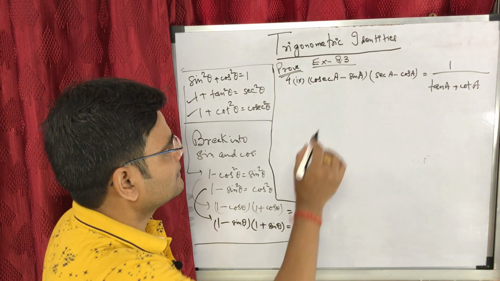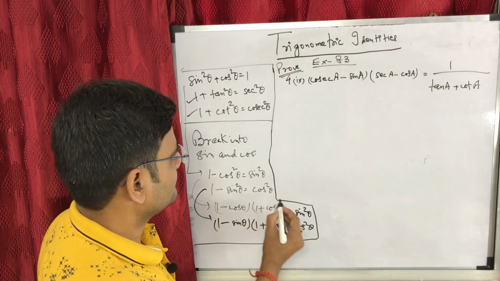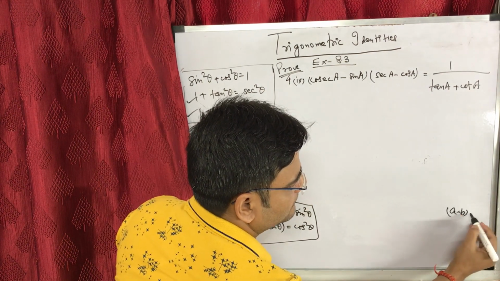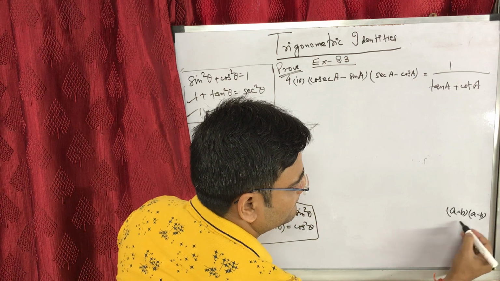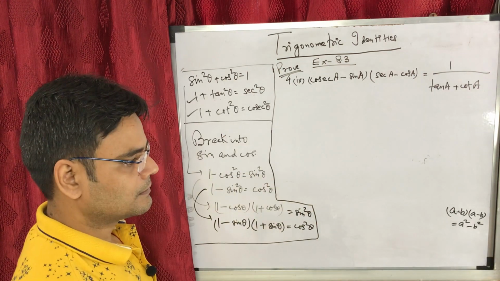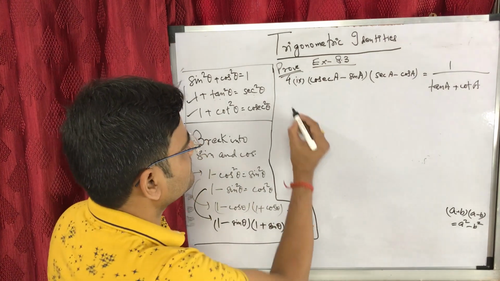So anyways, these are the basics. Also we must use this: a plus b into a minus b is a square minus b square. We will take help of this formula. Anyways, let's resolve this.